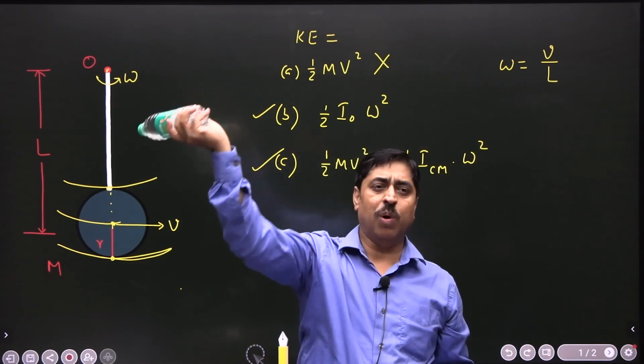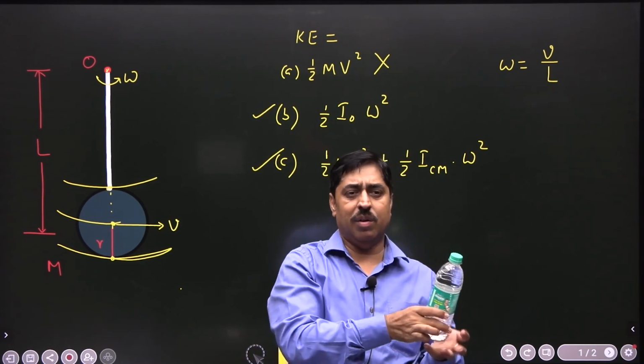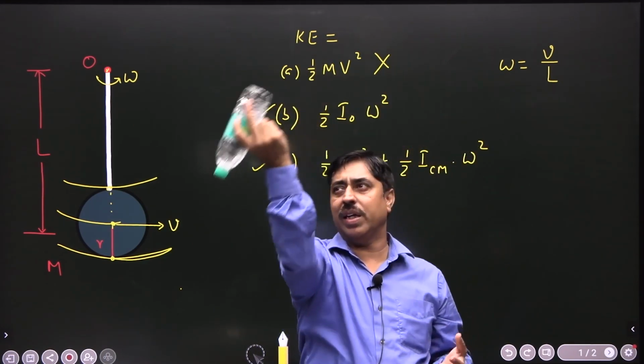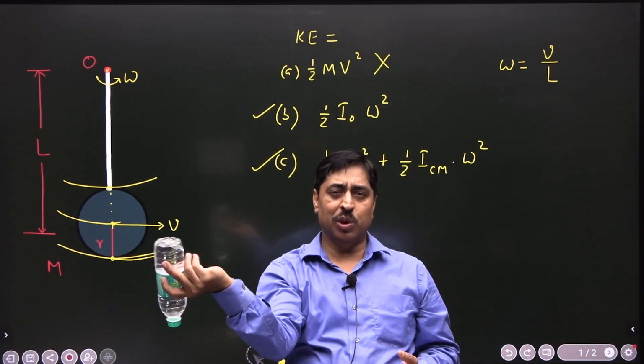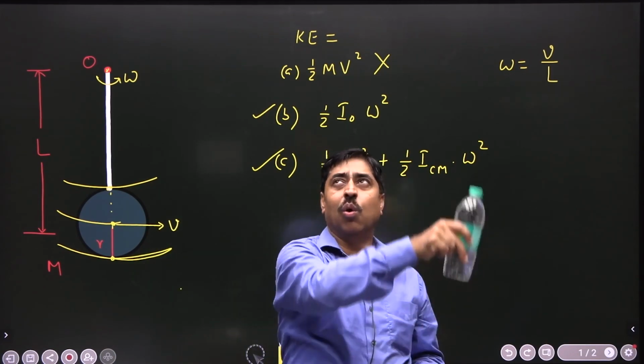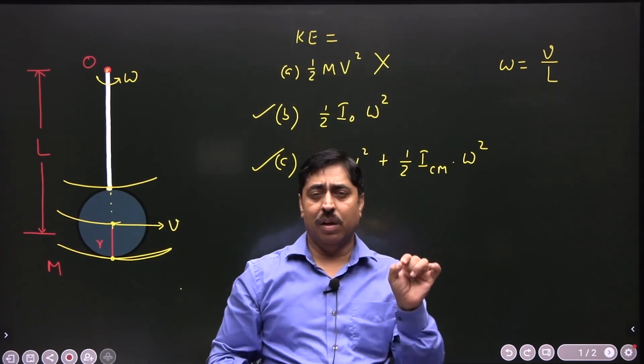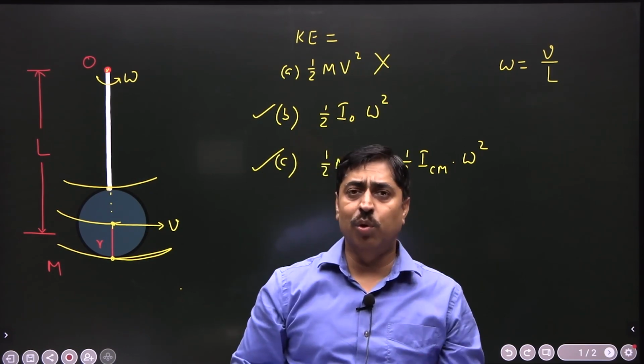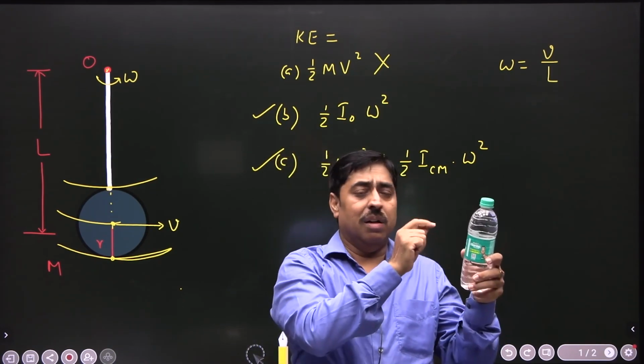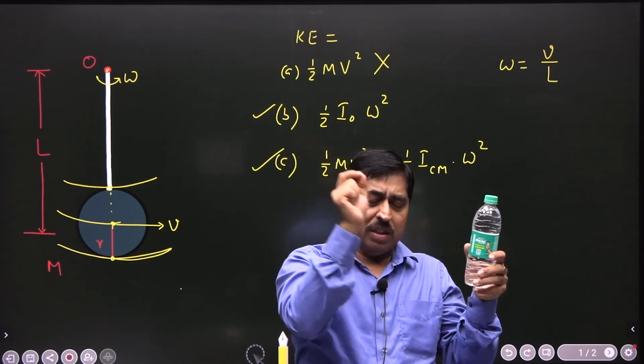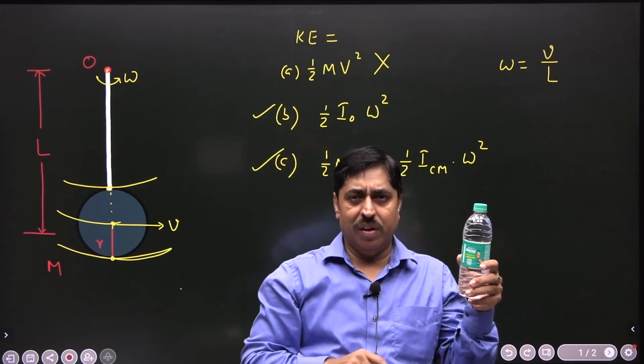If I throw this bottle in the air and it starts from this point and finally lands in this position or this position, this whole motion can be understood as a combination of two things. I will assume that there is an imaginary point in this bottle known as the center of mass.